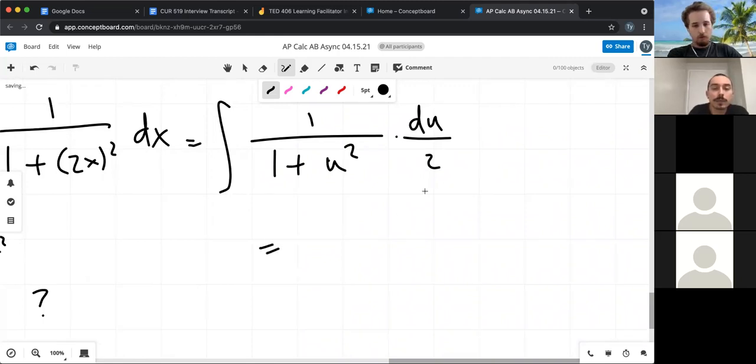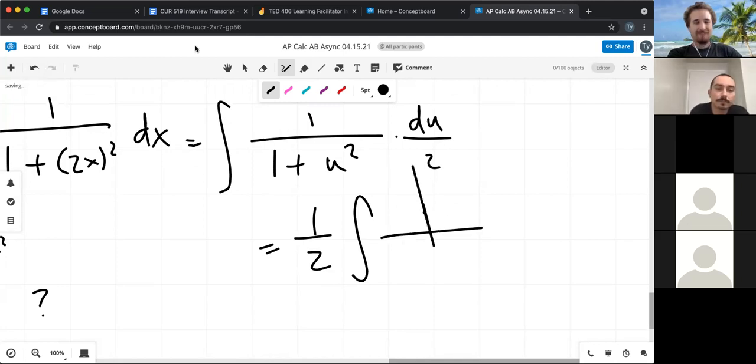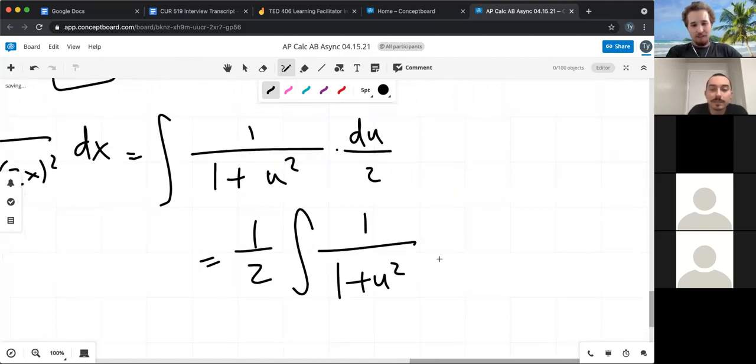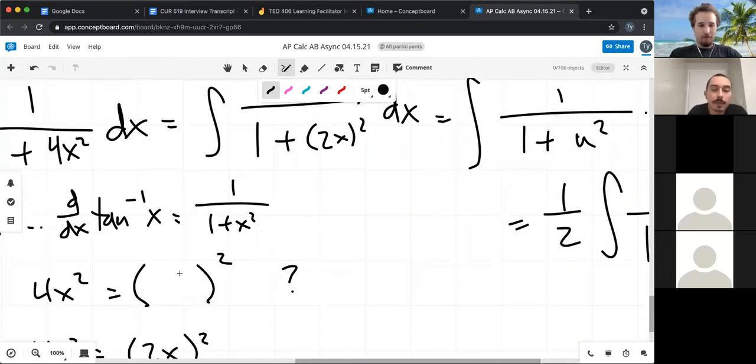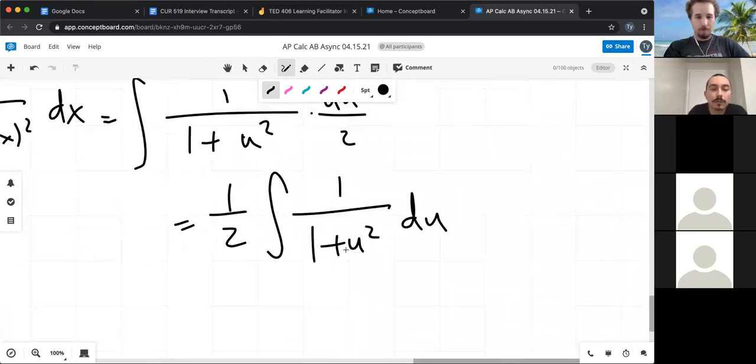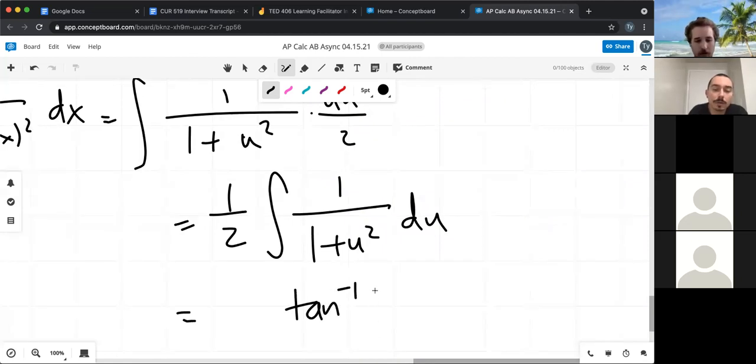From this point, let's pull out the half that is from here. So let's rewrite it this way: 1 over 1 plus u squared du. And hey, that looks exactly like this, except with u's. So the integral of 1 over 1 plus u squared du is just inverse tangent, or arctangent, of u.